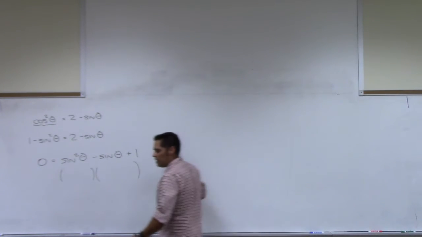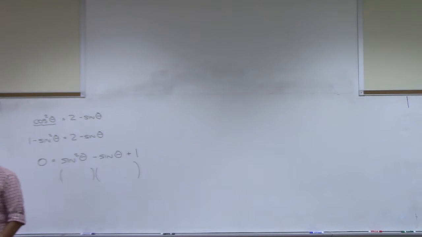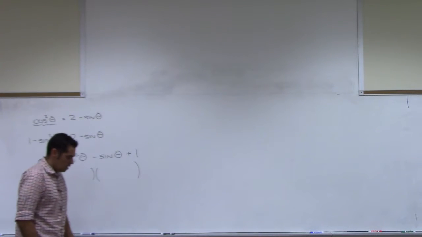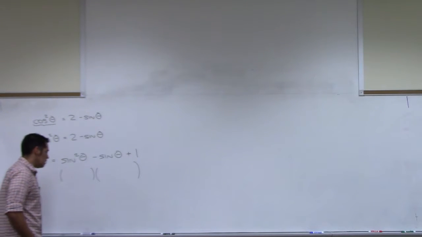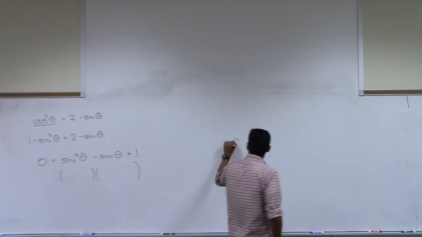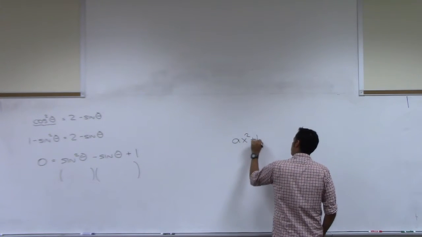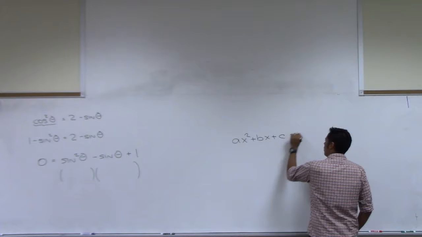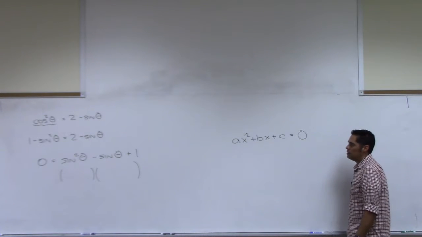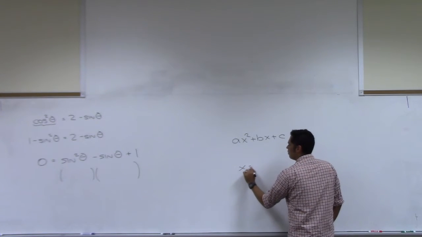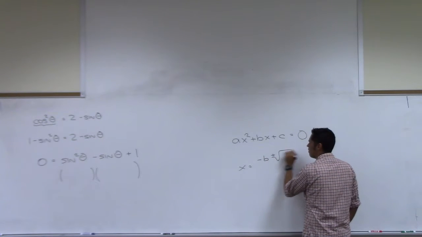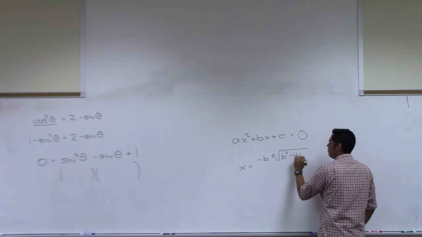What do we use to solve that if you can't factor? The quadratic formula, right? All right, so when we have a quadratic that looks like this, the solutions are x equals negative b plus or minus the square root of b squared minus 4ac, over 2a, right?